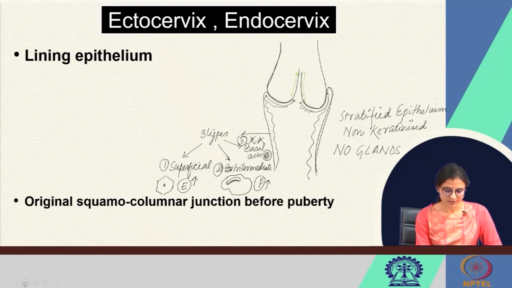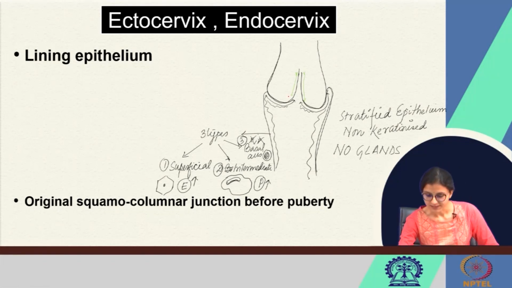Coming to the endocervix. I will use a different color. This is the endocervix. The endocervix is lined by columnar cells. This is called tall or high columnar cells. Does it have cilia? No, there is no cilia.